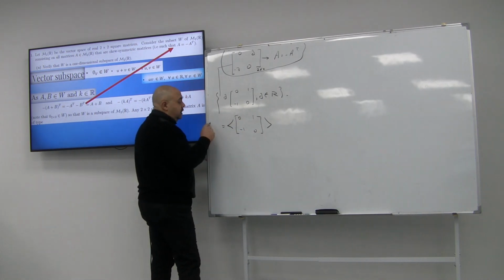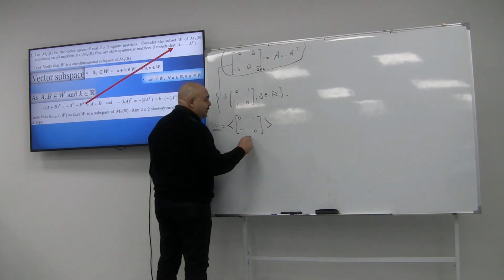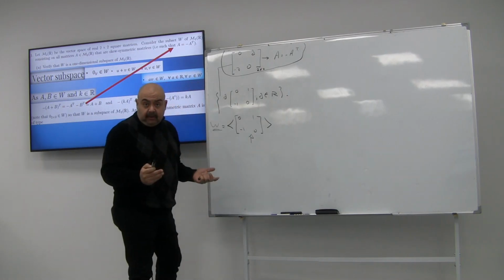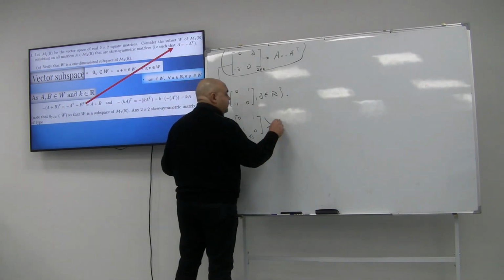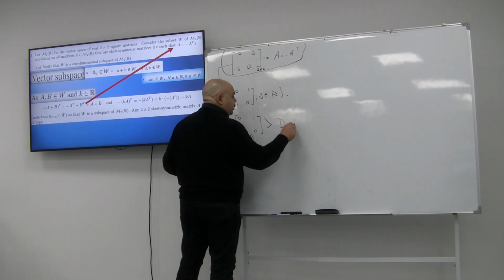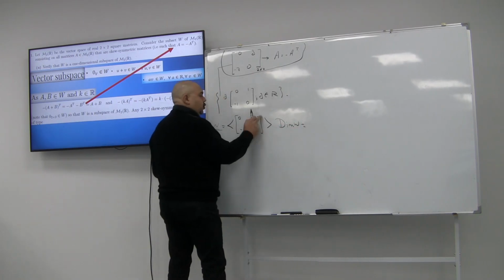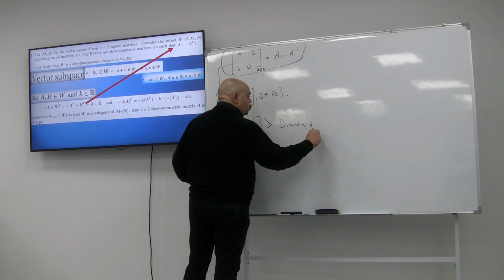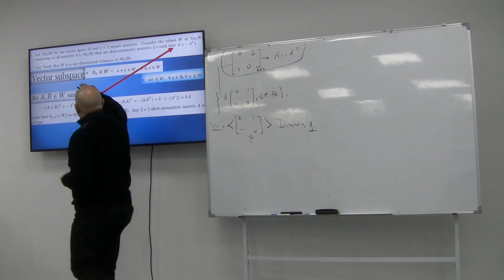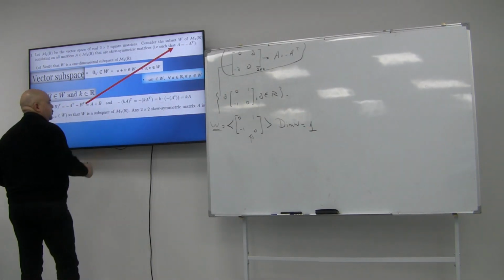This makes up the W subvector space that we are talking about. And there is only one element in the basis of this subvector space, which leaves us with the dimension of W containing just one element. So it is 1, which means it's a one-dimensional subvector space.